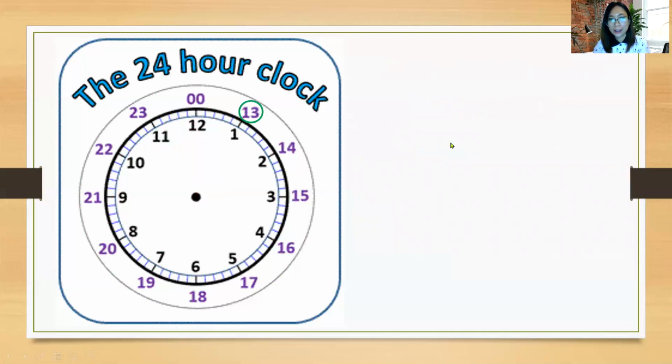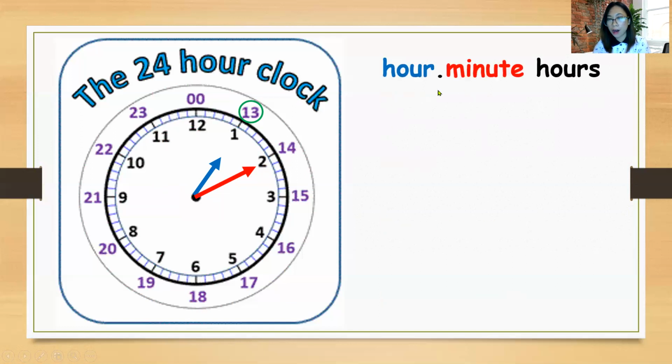Okay, another example. The circled number is number 13. Let's have our hour hand pointing to number 13 and the minute hand pointing to, what's here, 2 or 10? Is it 2? Okay, it's 10. Wow, you remember. Let's have our format, hour, minute, and hours.